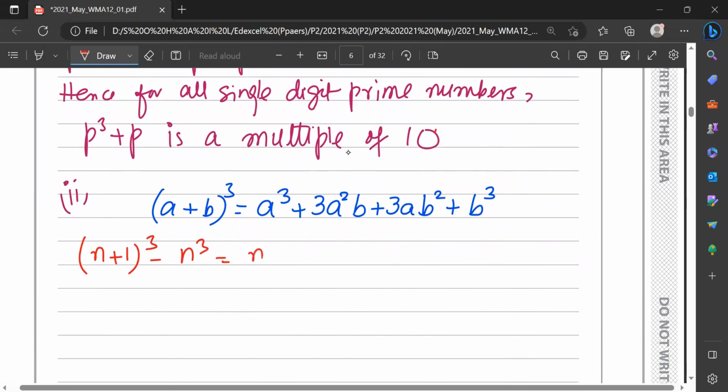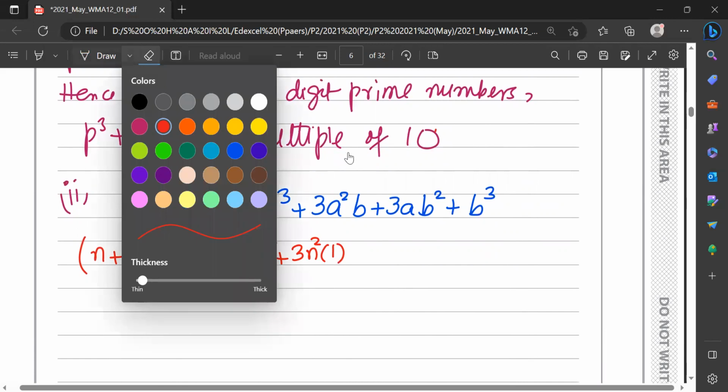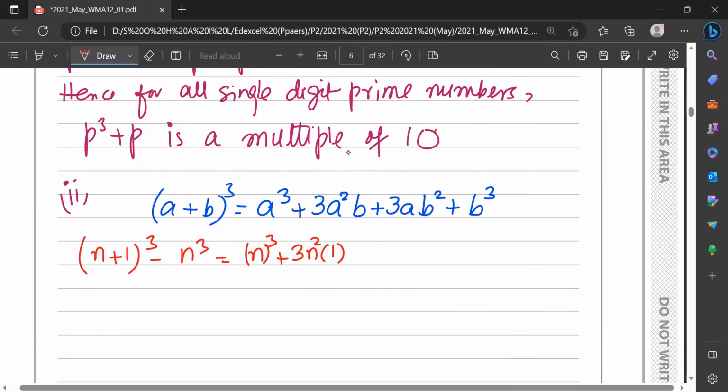It is n cube plus 3 into n square into 1, because this is a and this is b. Next is plus 3n into 1 square, and then plus 1 to power 3, which is obviously 1, minus n cube.